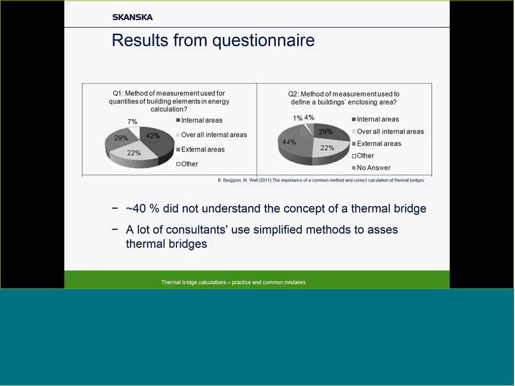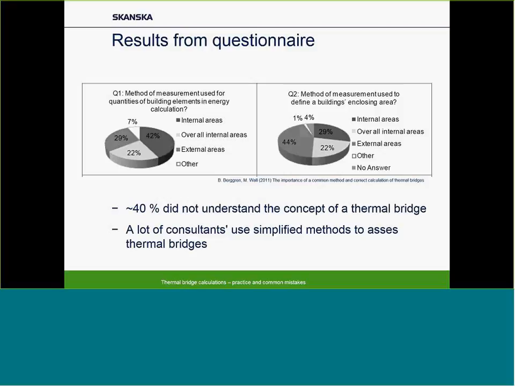And you can see that to the left, roughly 40% used internal areas, roughly 22% used overall internal areas, 29% used external areas, and 7% used a mixture or could come up with some own way to dimension it. So as you can see, a rather large spread, and that was to quantify a single building element.